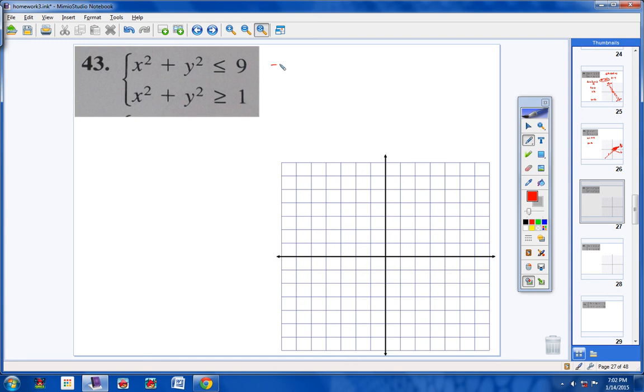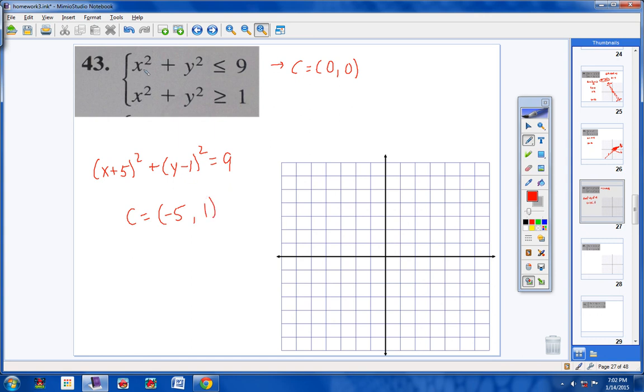Okay. Now, the center is going to be 0, 0. I know that because there's no number with the x or y like this. Usually you would have x plus 5 quantity squared plus y minus 1 quantity squared equals, then we'll use this 9 right here. And the center for this equation would be negative 5. Change the sign of this number. Positive 1. Change the sign of this number here.